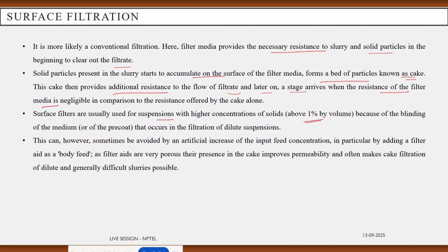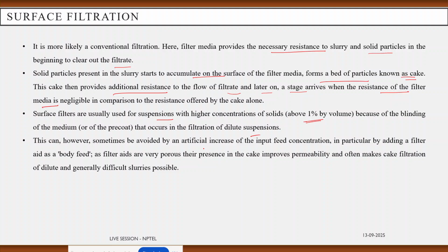Otherwise, for a very dilute suspension, the blinding of the filter medium can be a serious issue, but this can sometimes be remedied by introducing some filter aids into the system.